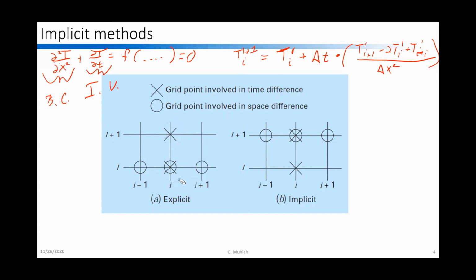Now, if you remember back to when we were talking about just initial value problems, we had both explicit and implicit methods. And the implicit methods, which had to be solved iteratively, ended up giving us better solutions because we know more information about the system. And so we can take that same idea and apply it to these partial differential equations.